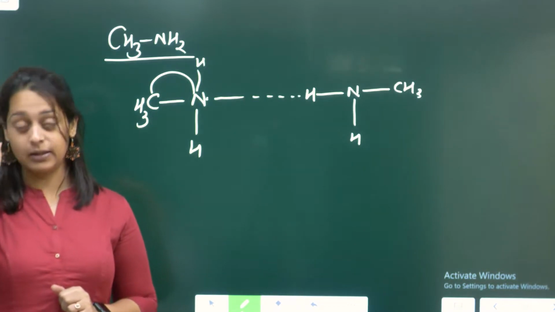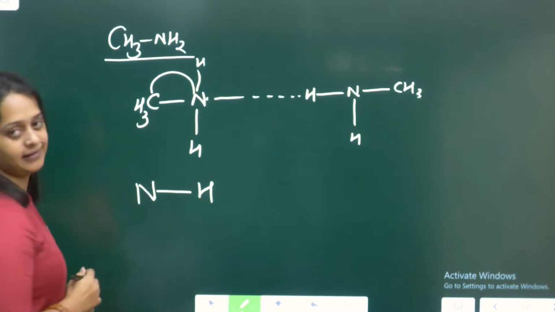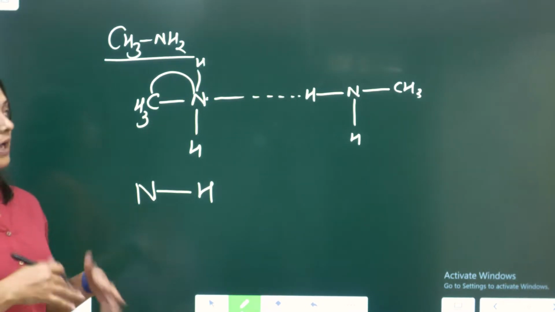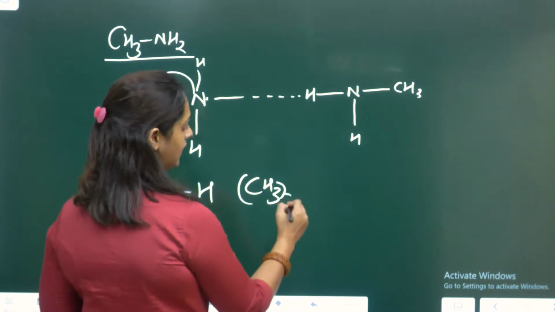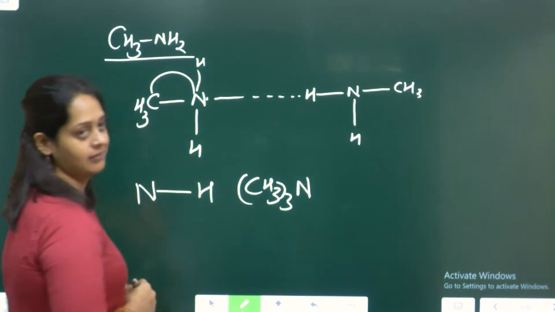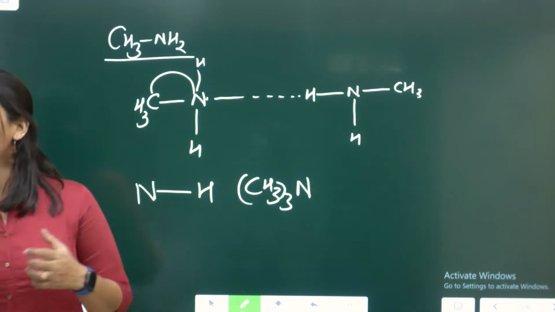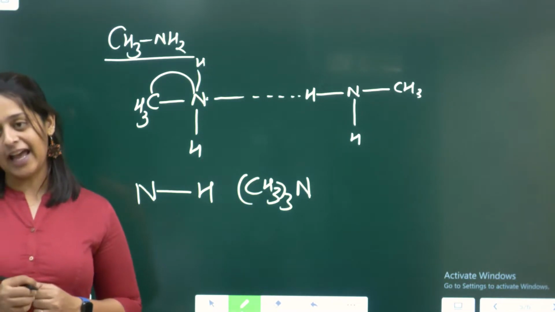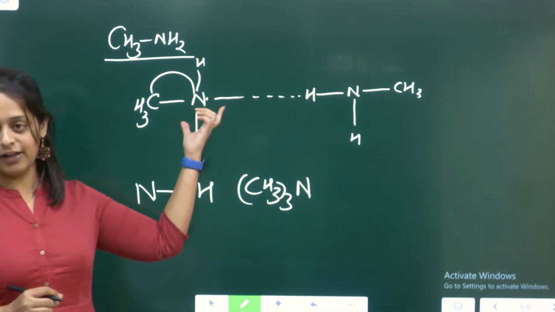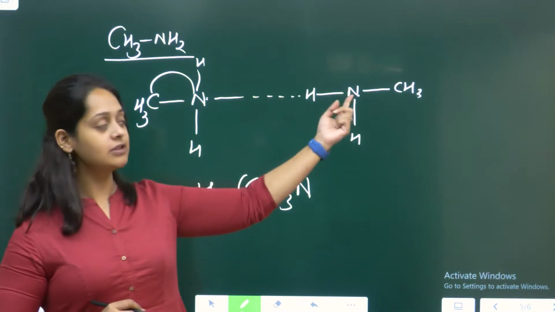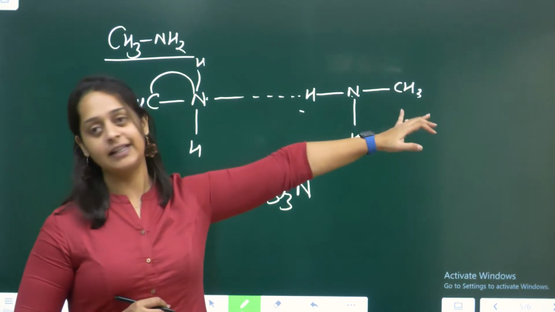Understand, when I say the condition that NH should be present, had it been (CH3)3N, will it show hydrogen bonding? There is no H present. So the interaction is between the nitrogen of one and the hydrogen which is bonded to the nitrogen, not the CH3 hydrogen.